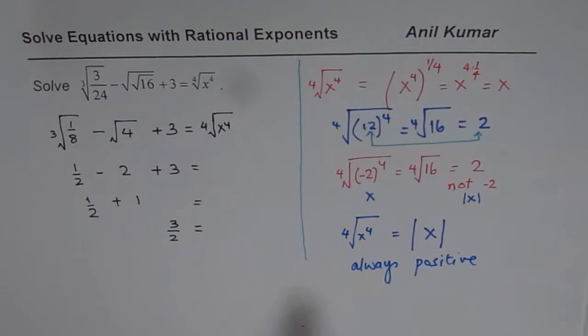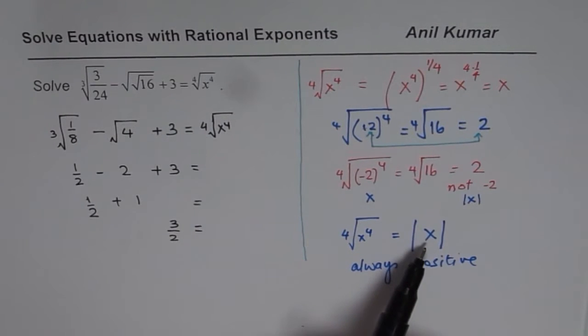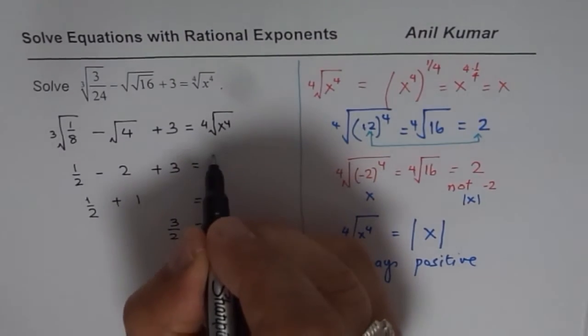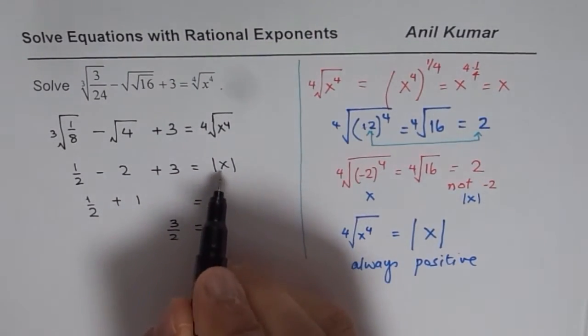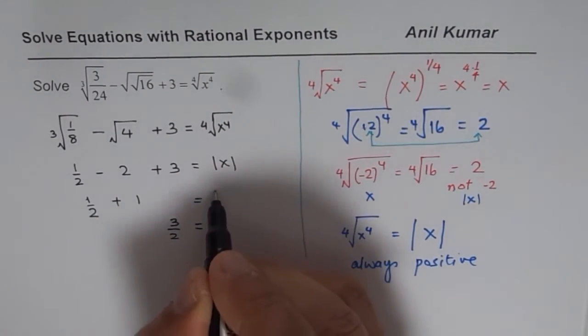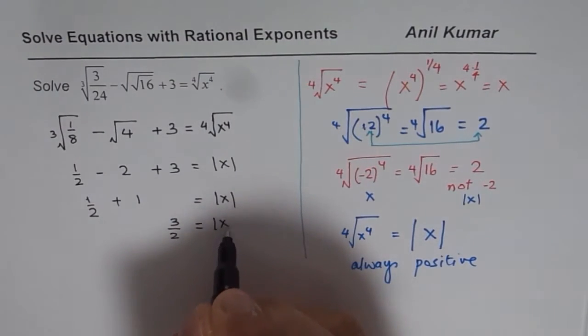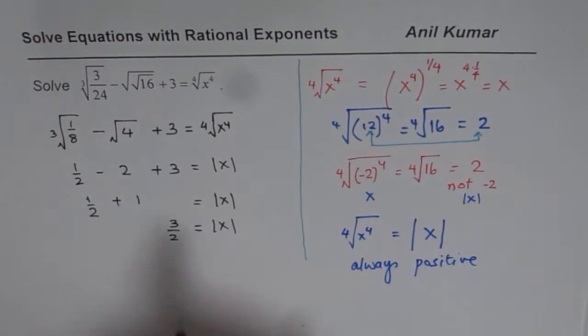Absolute value of x. Do you understand? So here we got 3 over 2 as a positive value. So we have a solution. But what is the solution? We observe that fourth root of x to the power of 4 is absolute x. So let me write this as absolute x, not x. That is a huge mistake. So this is absolute value of x. You get the point.